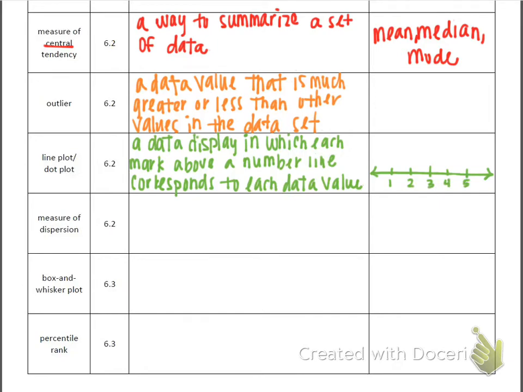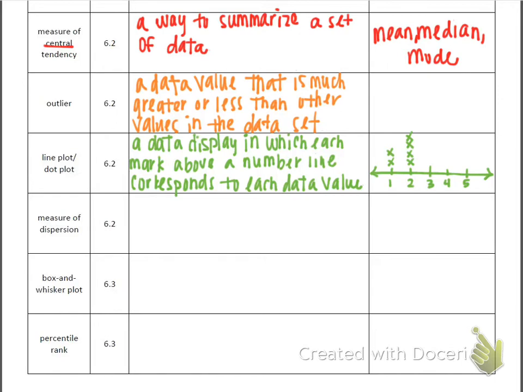And then for each time that data value occurs, you put either a dot or an X above that value. So let's say, I don't even know what this could be measuring. This could be measuring the number of pieces of candy that you ate today. So let's say 2 of you only ate 1 piece of candy. So you would put 2 X's above 1. Let's say 5 of you ate 2 pieces of candy.